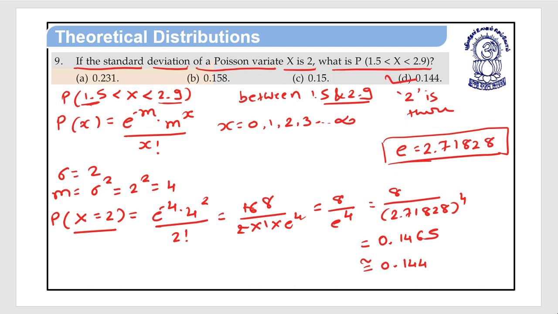Instead of 2.71828, you can take e equal to 2.72. If we take 2.72, then the approximate value is 0.144. So option D is the right answer.